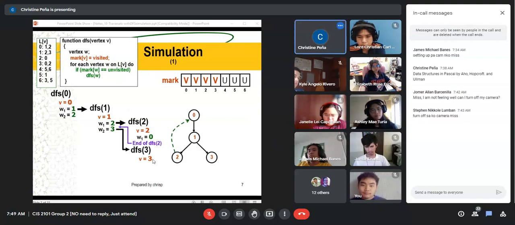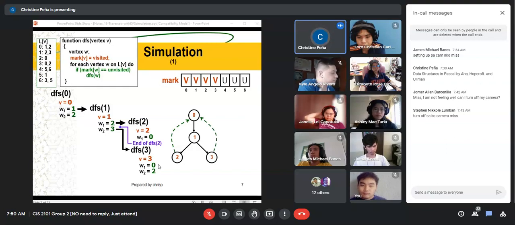So what are the vertices adjacent to 3? We have 0 and 2. We know that both 0 and 2 are visited, so no more call, but we'll draw broken lines.